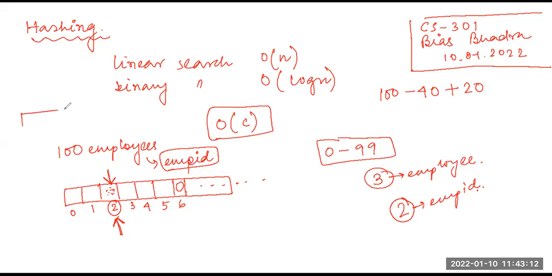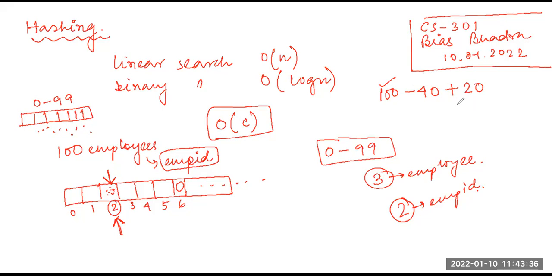So 0 to 99, you will have to fix for the first 100 locations. In between this 0 to 99, 40 locations are vacant because 40 employees left in the second year.